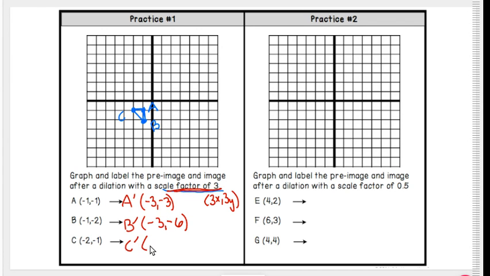And then C prime will be -6, -3. So we can go ahead and plot these. -3, -3 is A prime. B is -3, -6. And C is -6, -3.